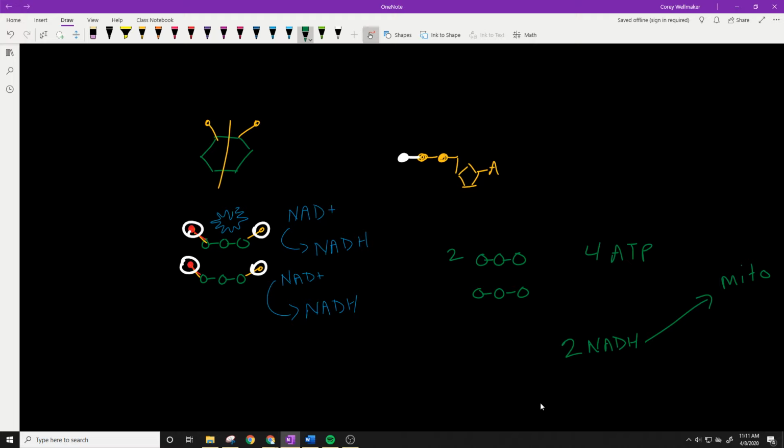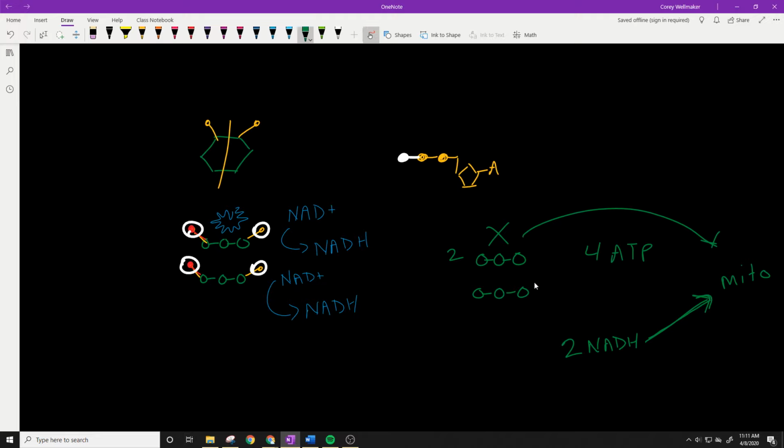But if the electron transport chain isn't functioning because there's a lack of oxygen, or maybe because there's a drug that's blocking it, this pyruvate is not going to be broken down. It's not going to be sent into the mitochondrion because the mitochondrion has shut down, and the NADH isn't going to go into the mitochondrion either. So now the cell has a problem.